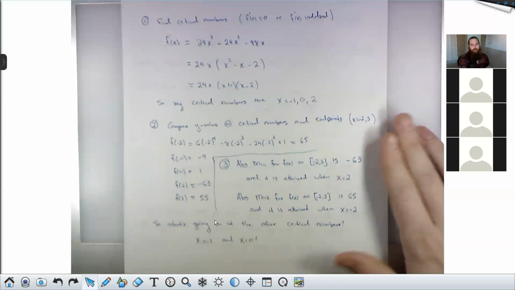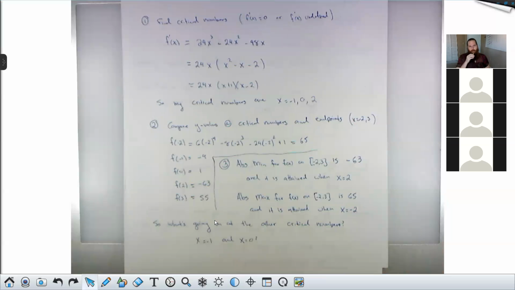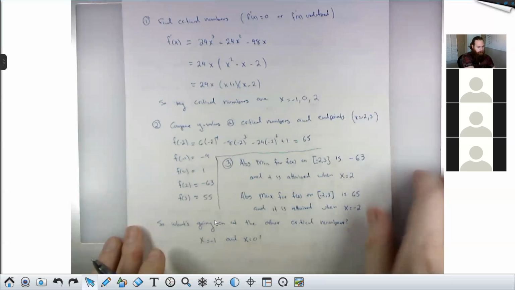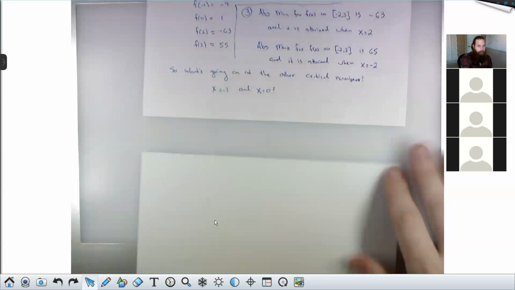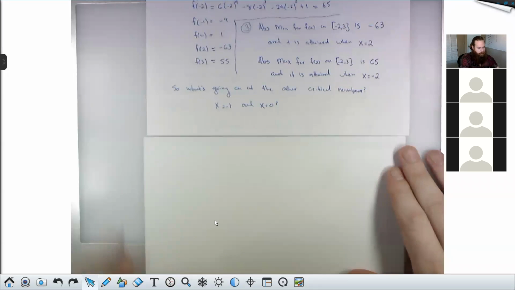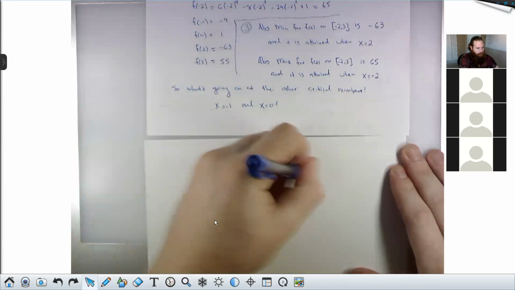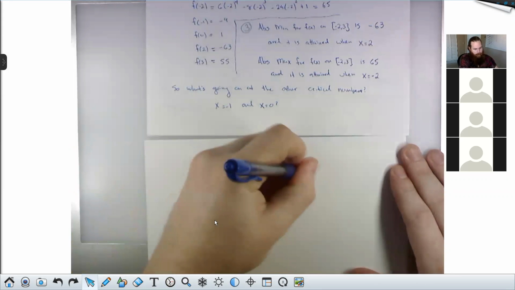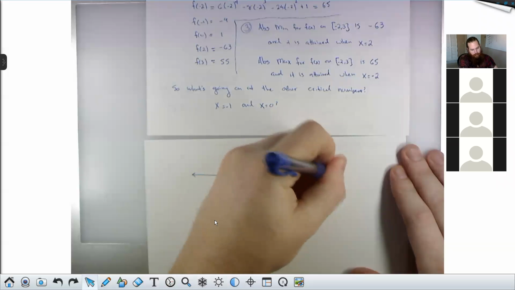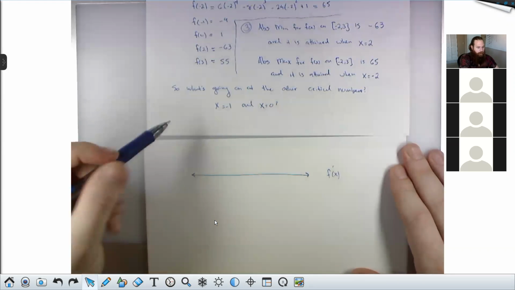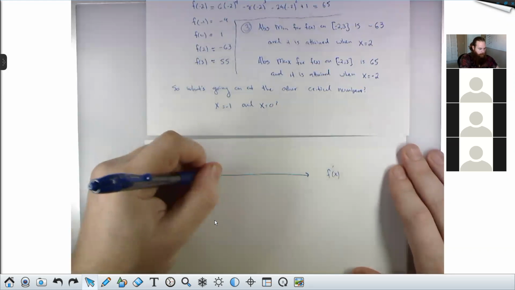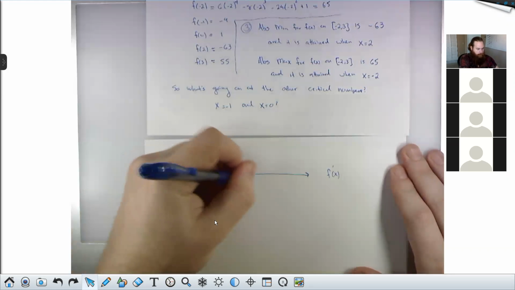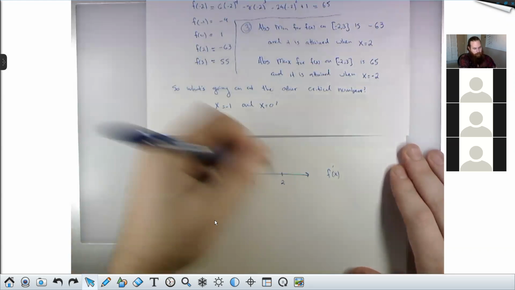To answer this question, we need to make a number line for f prime. So here, I'm going to place all of my critical numbers, which are -1, 0, and 2.